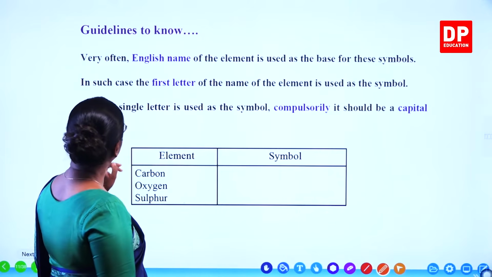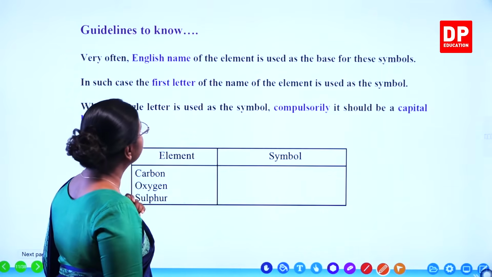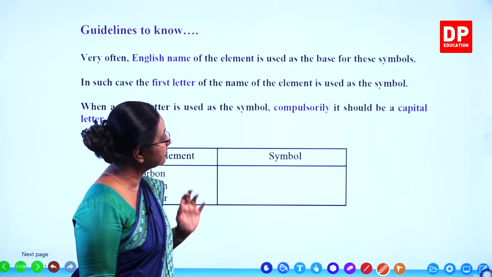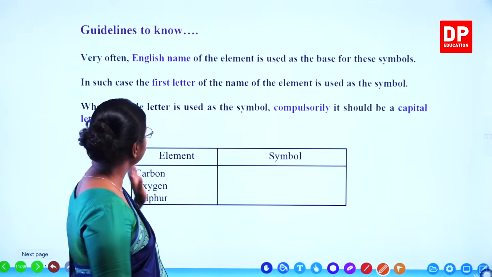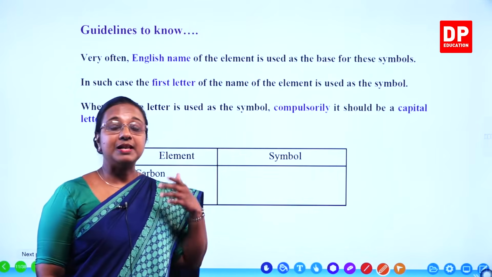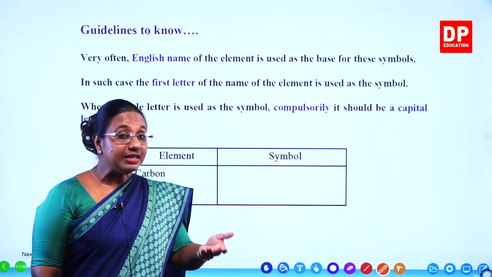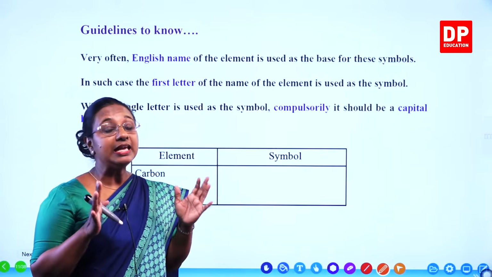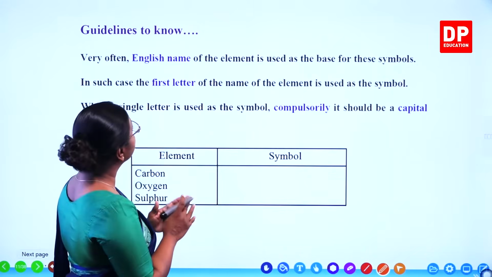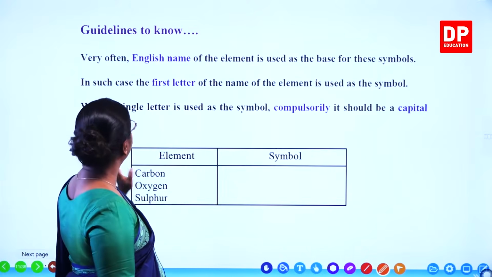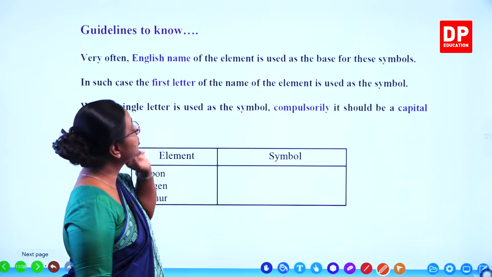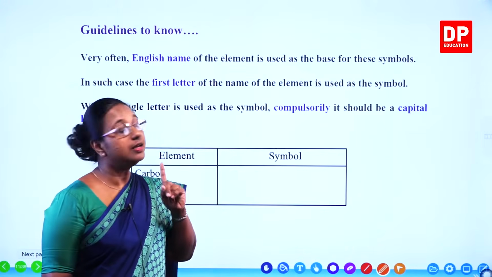Based on these guidelines only, they have assigned symbols to elements. So, the first one: very often the English name of the element is used as the base for these symbols. For example, carbon, hydrogen, magnesium, these are all English names of the elements. Then what they do is they use the first letter of the name.